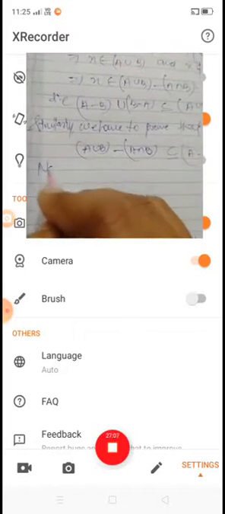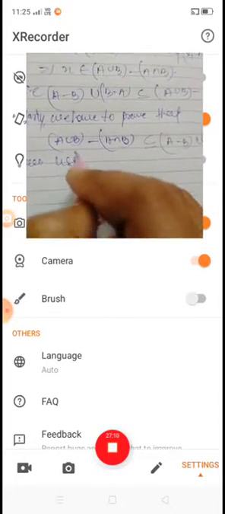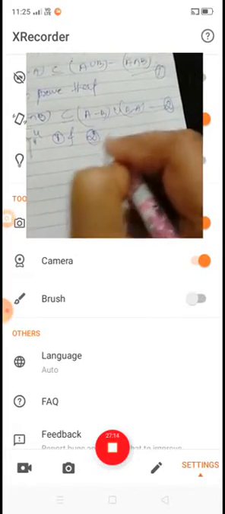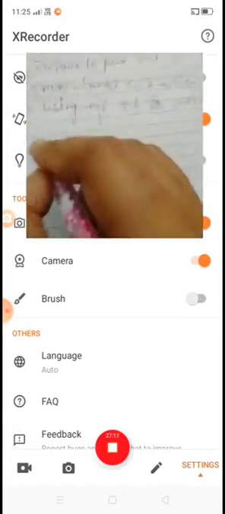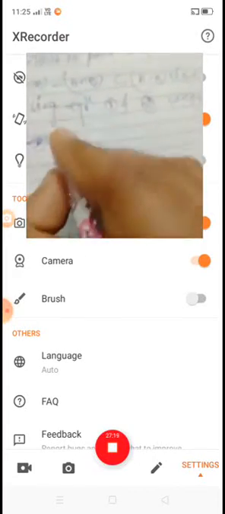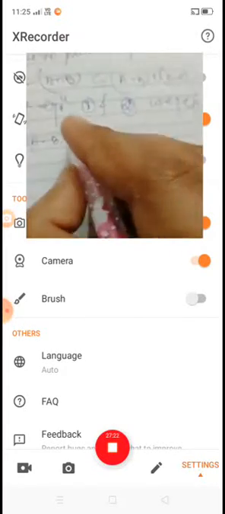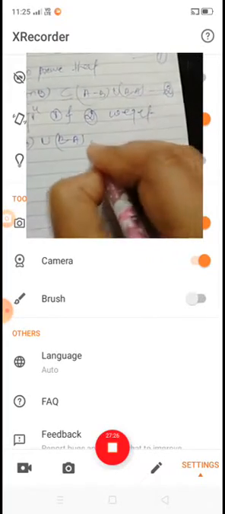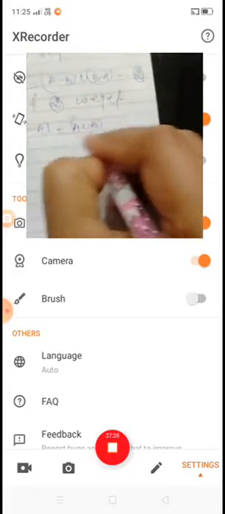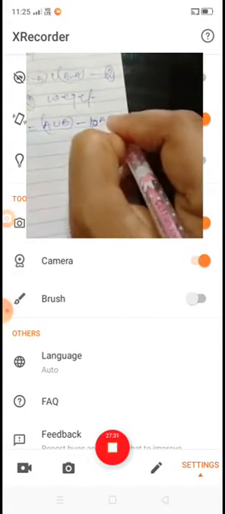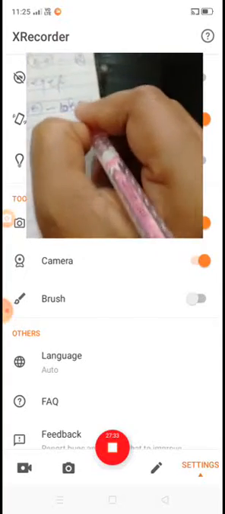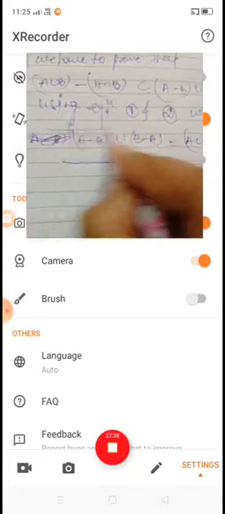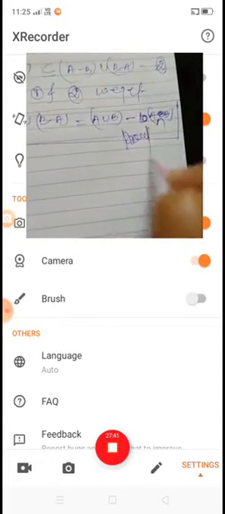Now using equation 1 and 2 we get A minus B union B minus A is equal to A union B minus A intersection B. So this result is proved in this way.